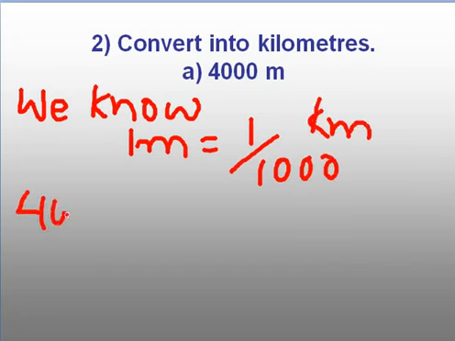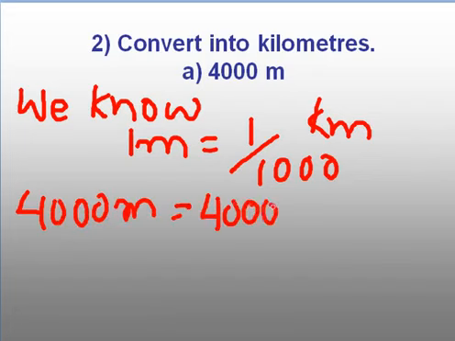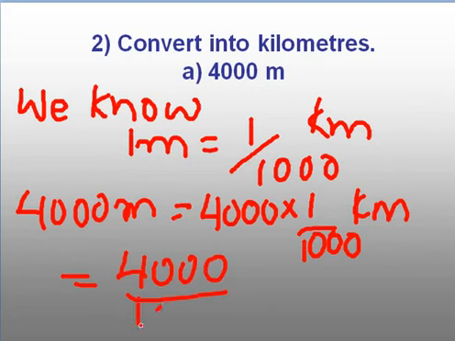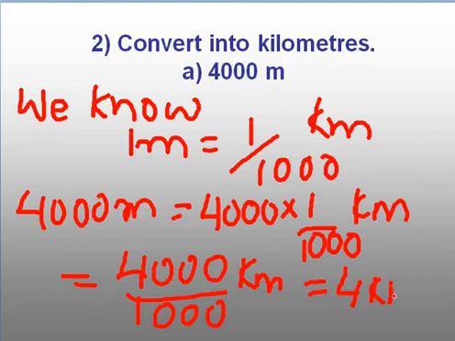So 4000 meter is equal to 4000 into 1 by 1000 kilometer. Here 4000 into 1 is 4000 by 1000 kilometer. Here 1000 fours are 4000, that is 4 kilometer.